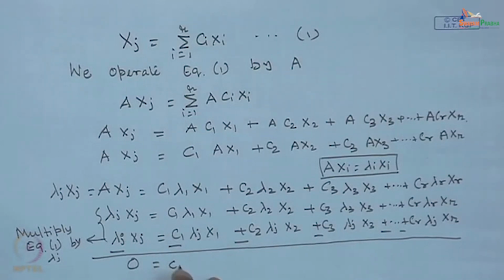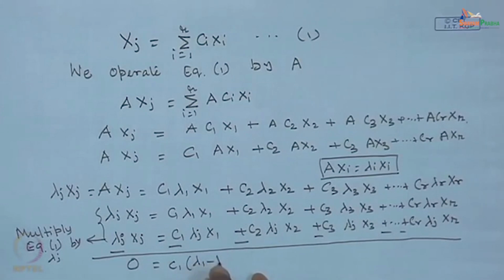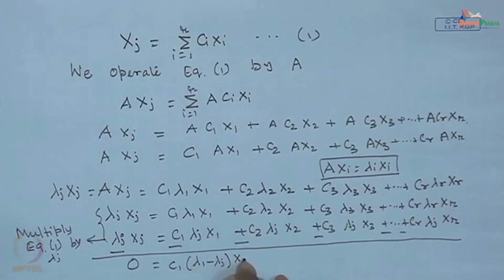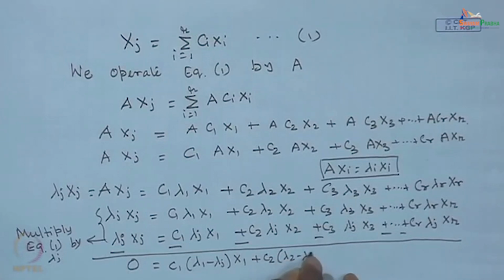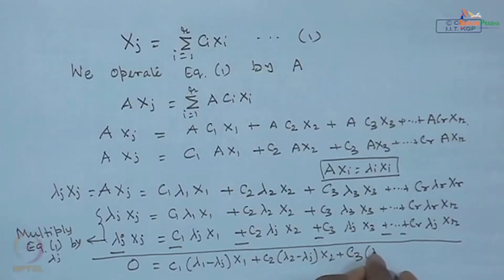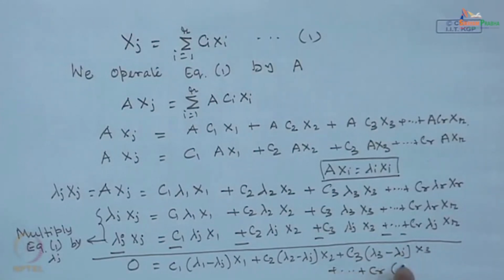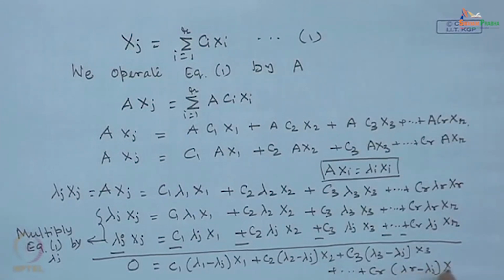This will be C 1 times lambda 1 minus lambda j x 1 plus C 2 times lambda 2 minus lambda j x 2 plus C 3 times lambda 3 minus lambda j x 3 up to C r times lambda r minus lambda j x r.